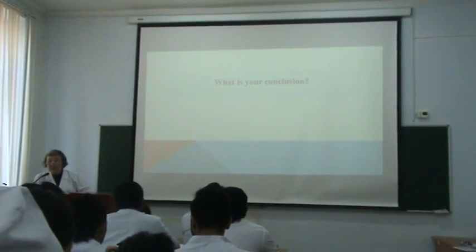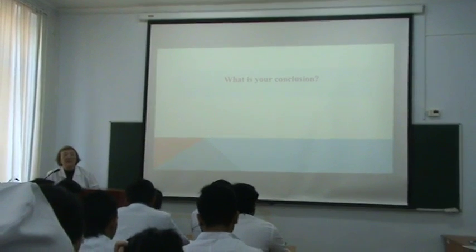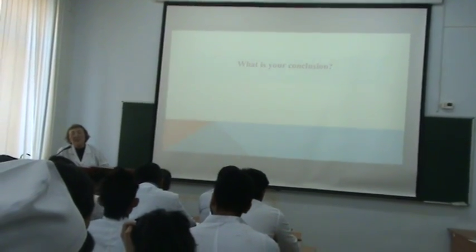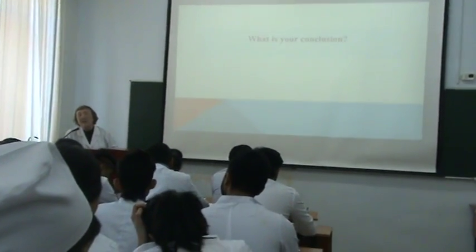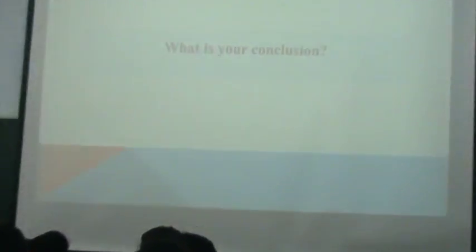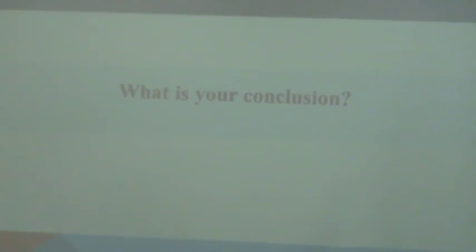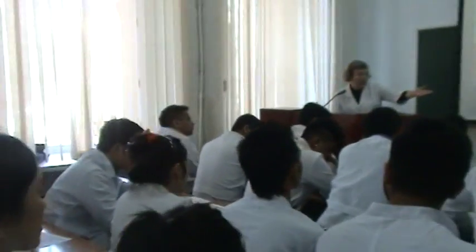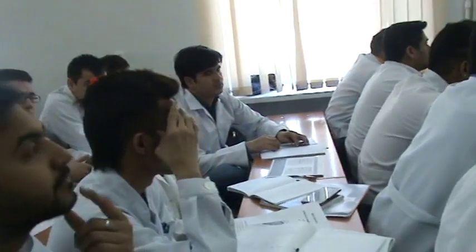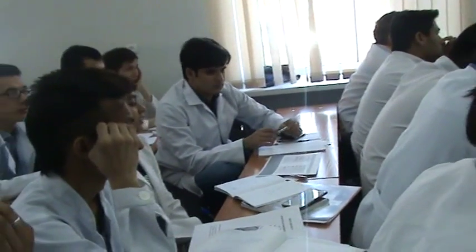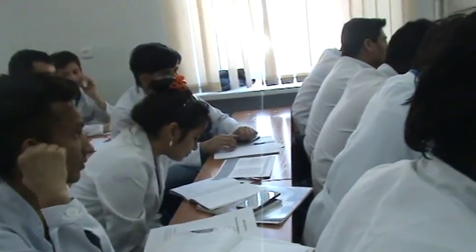Please look at my task. What's your conclusion about white and red blood? Who can give an answer? Please look. Leukocyte concentration is what? More. Leukocytes more. And the next stage, what?